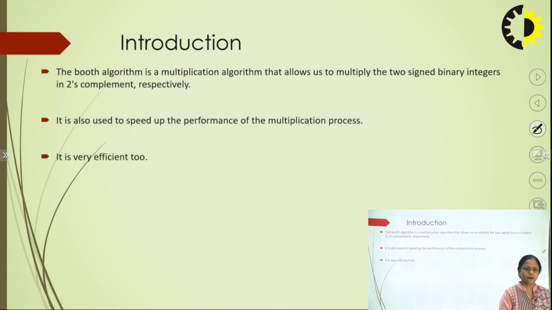It is very efficient too. So Booth algorithm is used mainly for the multiplication of two numbers. For example, if we want to multiply two numbers, plus 4 and minus 1, then this algorithm will be used for multiplication.